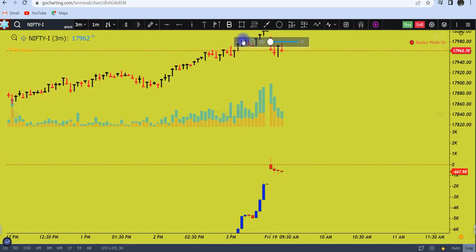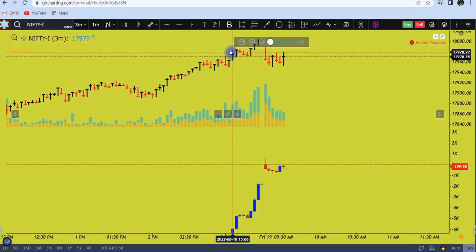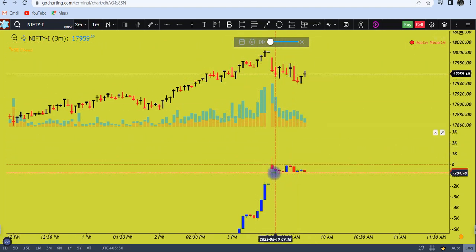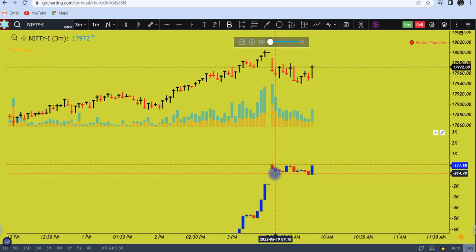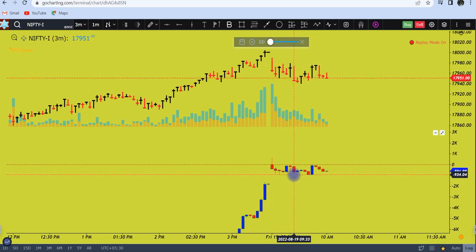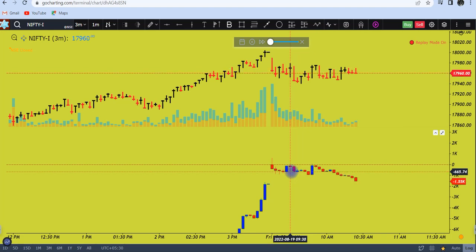Now see, what I'm talking about is this is making a new low, the delta is there. So people might say, yes, this is absorption of some kind happening, but we can't be sure because the price is fixed in a tight range. Now I'll just pause where I feel it is getting out of range.